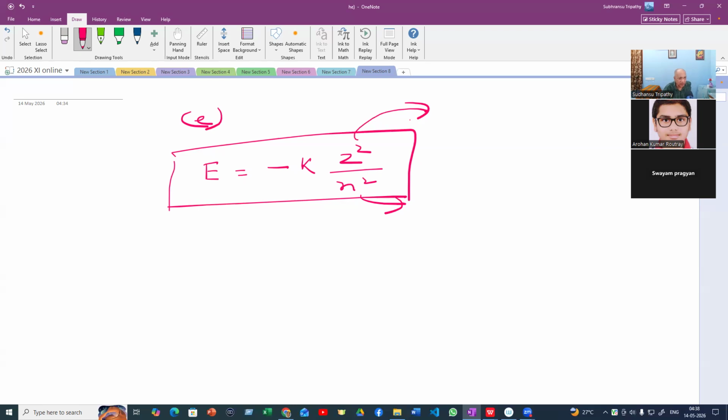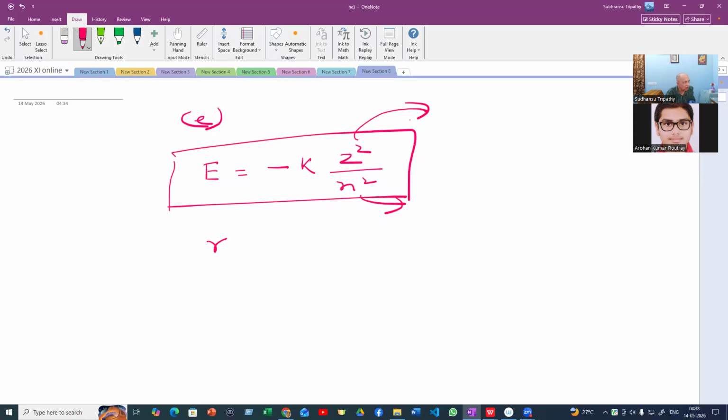Can you tell me the equation for the radius of any Bohr's orbit? Sir, N square h square epsilon naught divided by Z e square... I'm asking, giving you a constant. Let me give you a hint. That constant is a naught. Sir, 0.529. Yes, that is called a naught.